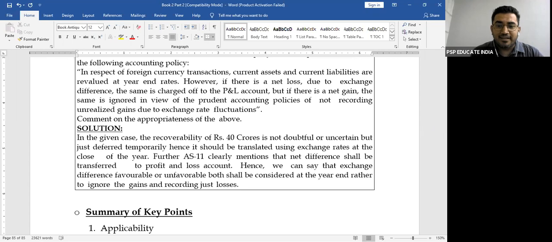Further, AS-11 clearly mentions that net difference shall be transferred to the profit and loss account. Hence, we can say that exchange difference, favorable or unfavorable, both should be considered at the year end, rather than ignoring the gains and just recording the losses. Right? This brings you to the end of Accounting Standard 11.